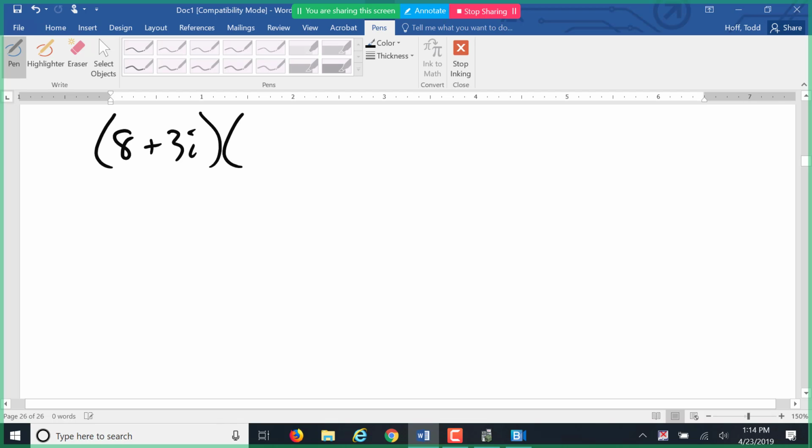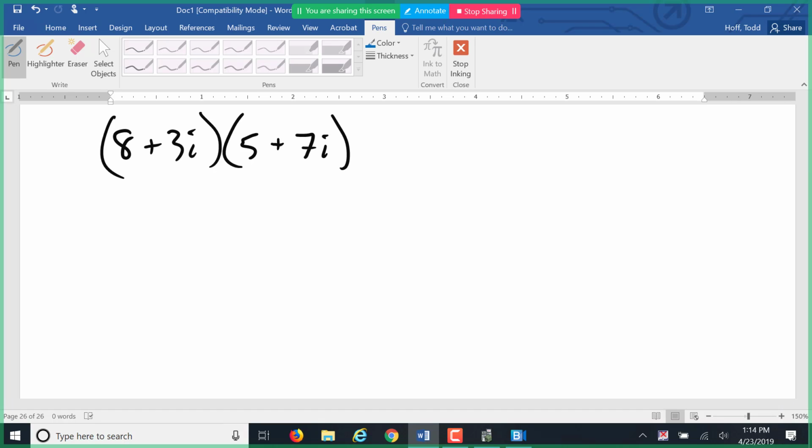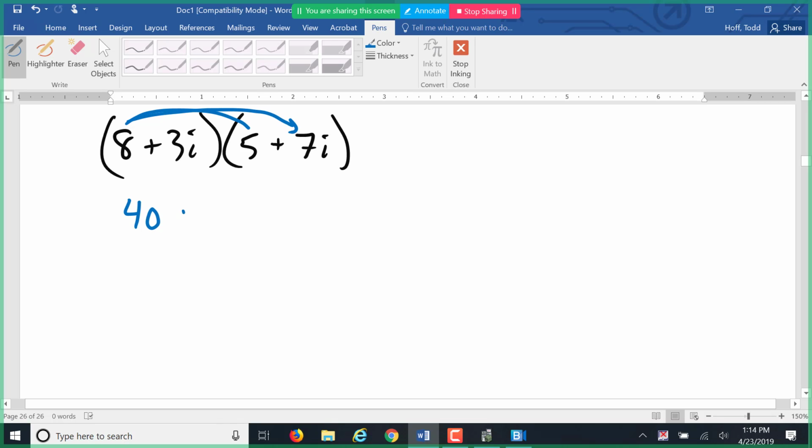Well, let's look at something like this. 8 plus 3i times 5 plus 7i. So we could set this up and do long multiplication like we've done everything else, but since we're so used to doing FOIL, let's just go ahead and do FOIL. We got 8 times 5 is 40. 8 times 7i is a positive 56i. 3i times 5 is 15i. 3i times 7i.